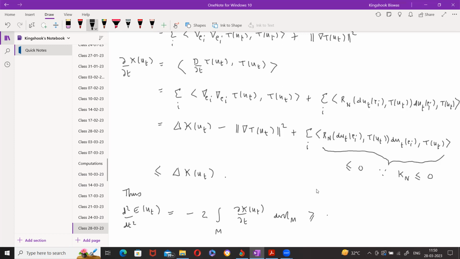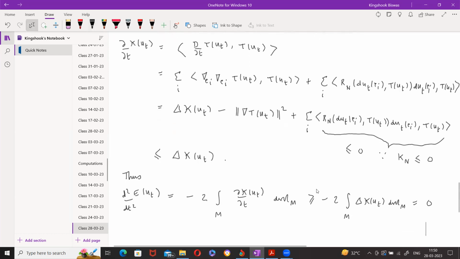So this is greater than minus 2 times the integral over M of the Laplacian of kappa u_t, d vol M. And this is equal to 0 by the divergence theorem because the boundary of M is empty.